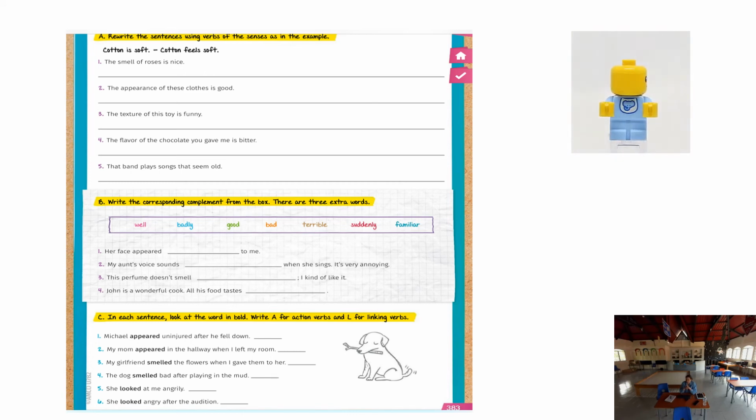So you have to think, is it connecting the subject to the description word, or is it describing how something happened? So Michael appeared injured after he fell down. So is it a linking verb, appeared, or is it an action verb? Go back to the page where you have the rules if you need to, and decide.